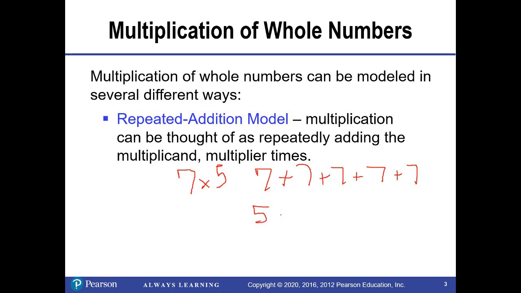It's also the same as 5 plus 5 plus 5 plus 5 plus 5 plus 5 plus 5. In either case, multiplication is repeated addition. The 7 and the 5 are factors. Two factors multiplied together give us a product.